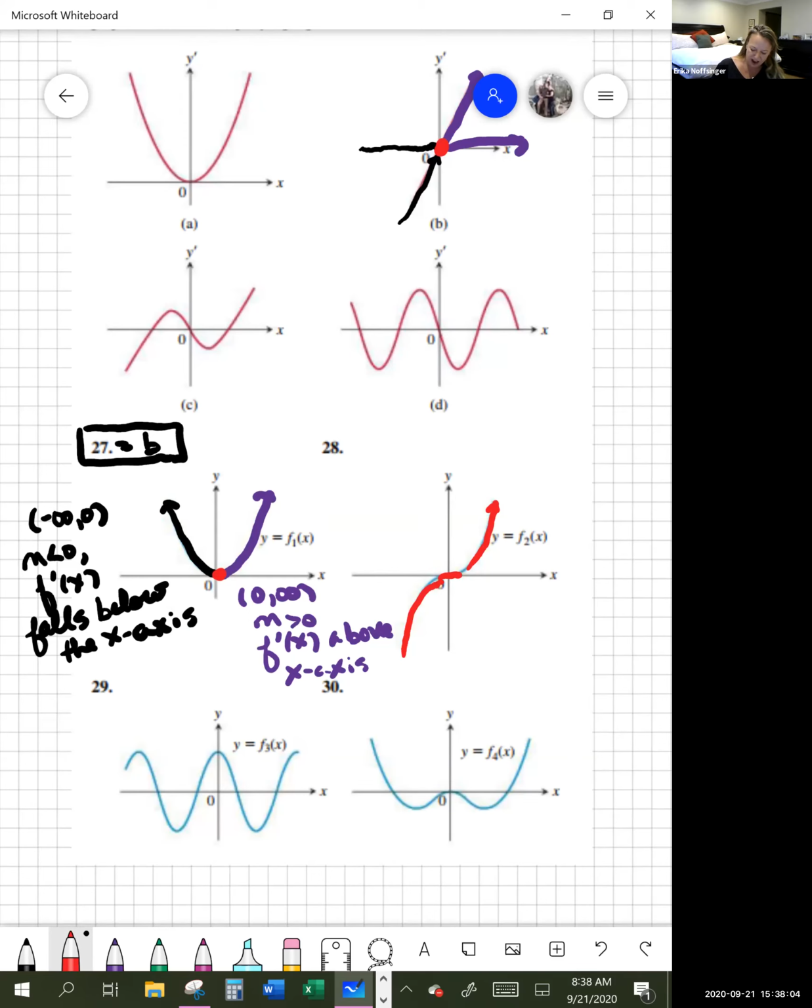So for this graph, f prime of x, our graph is always greater than or equal to 0. So it's going to be above or touching the x-axis everywhere.